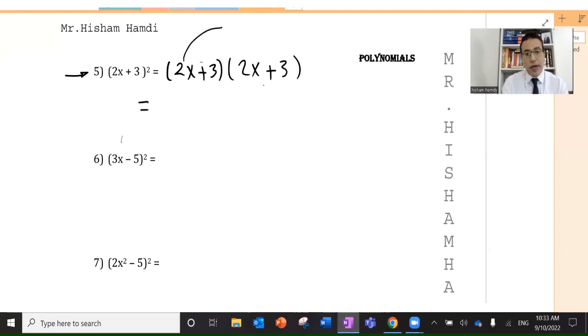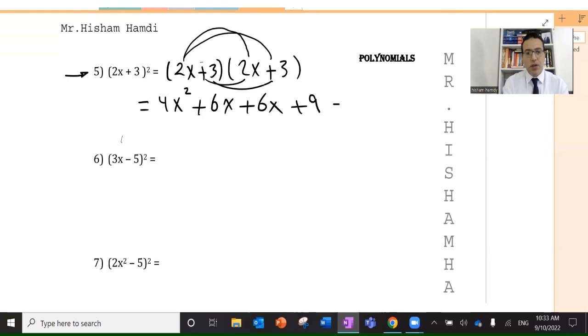Then 2x multiplied by 2x is 4x squared. 2x multiplied by 3 is positive 6x. Positive 3 by 2x is positive 6x. Positive 3 by positive 3 is positive 9. So I'm going to add the like terms in the middle.